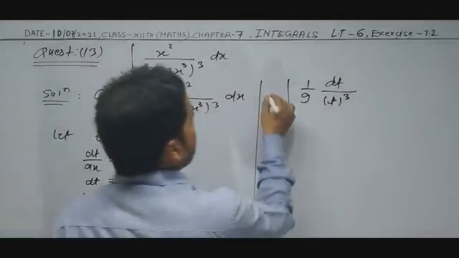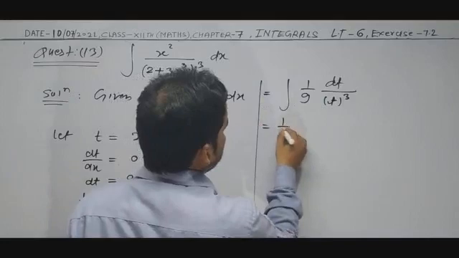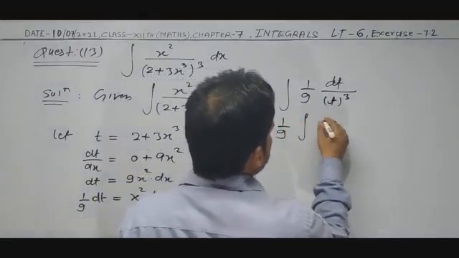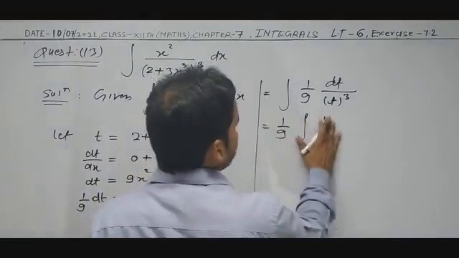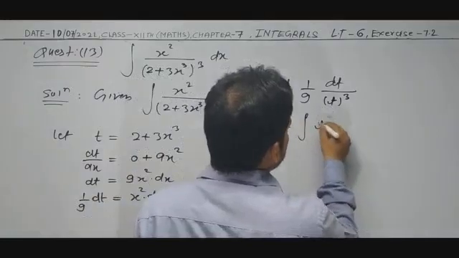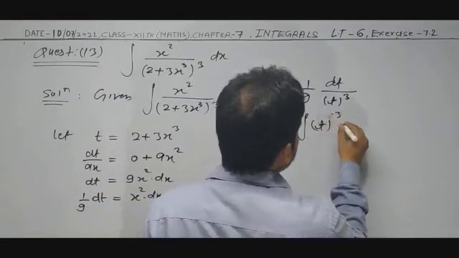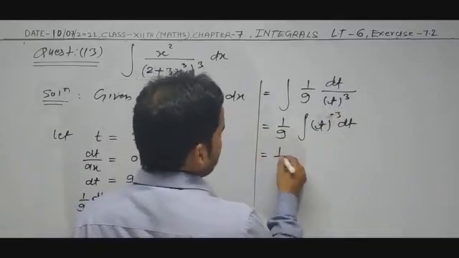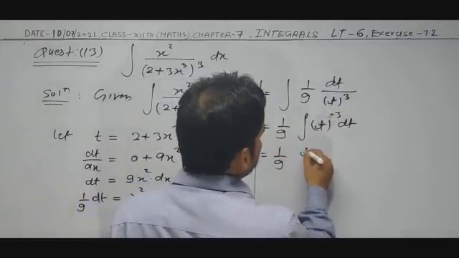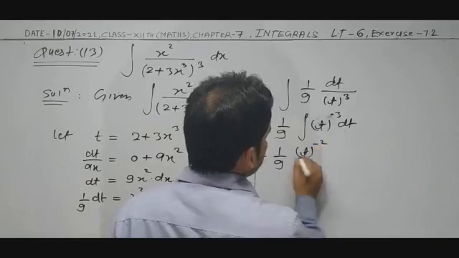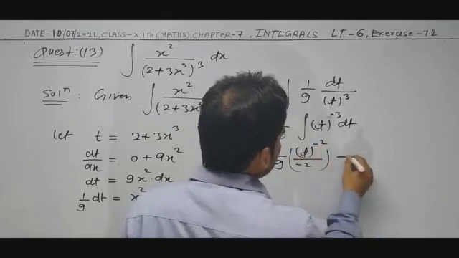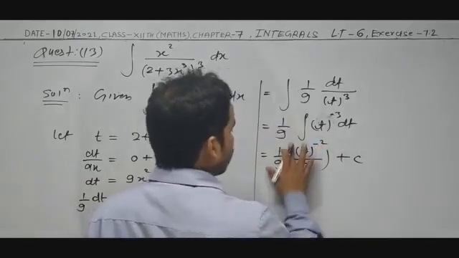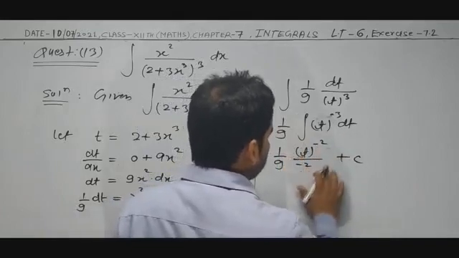Now 1 by 9 is a constant, so it will be outside the integration. So 1 upon t cube can be written as t to the power minus 3 dt, and its integration means t to the power minus 3 plus 1, that is minus 2, whole upon minus 2, plus c, in curly brackets.